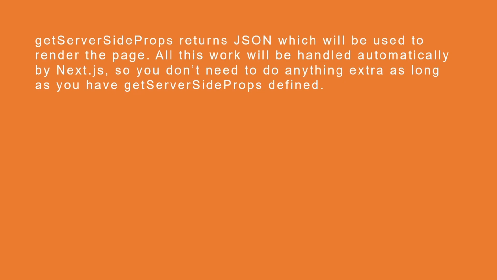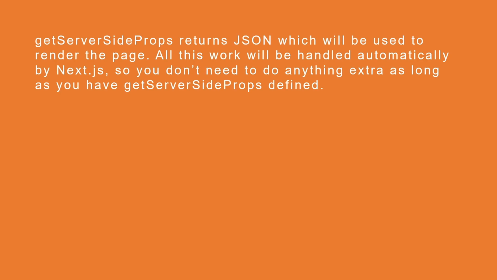So next we are going to see the return data format. When we use getServerSideProps or getStaticProps, we will get JSON format data. This formatting will be automatically handled by Next.js itself.